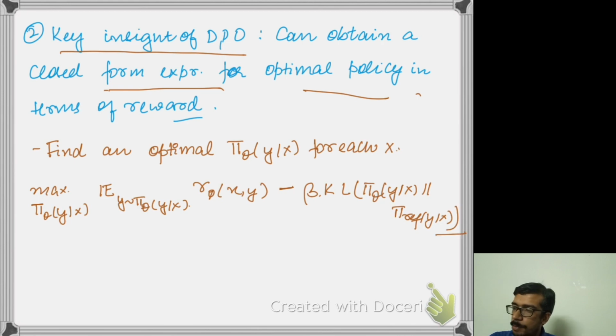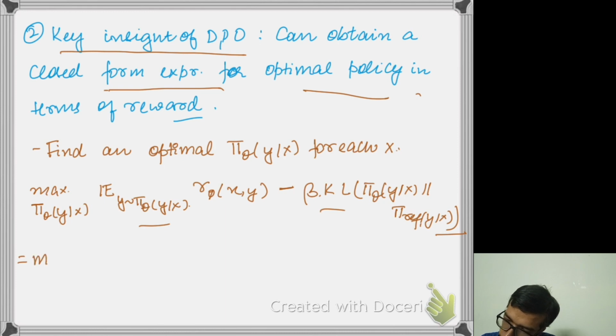So this was how we formulated it. And the idea is that this KL divergence is also an expectation over y sampled from pi theta of y given x of log of pi theta of y given x over pi ref of y given x.